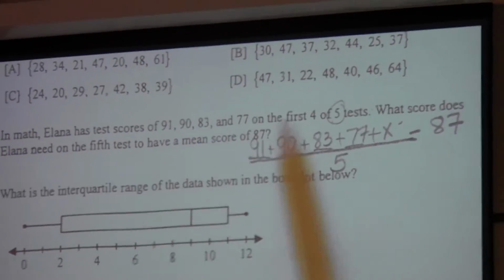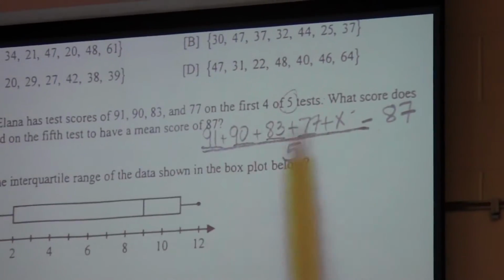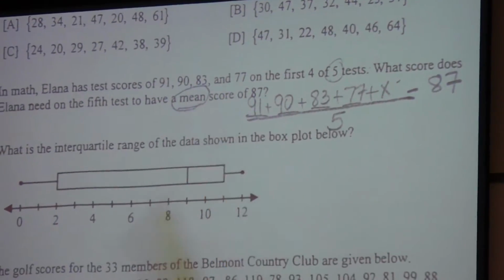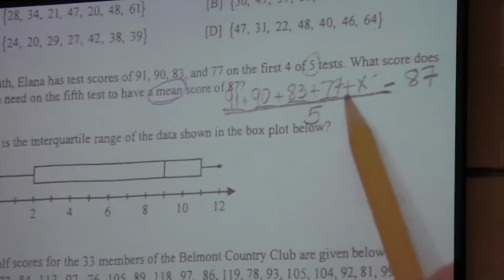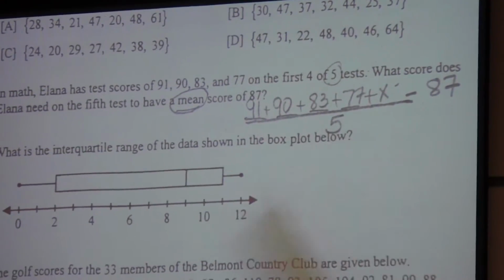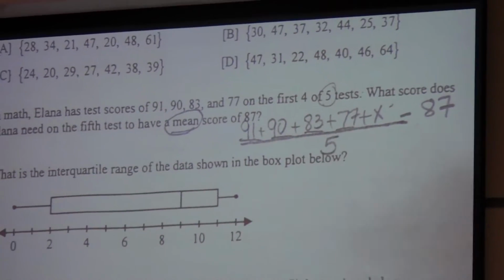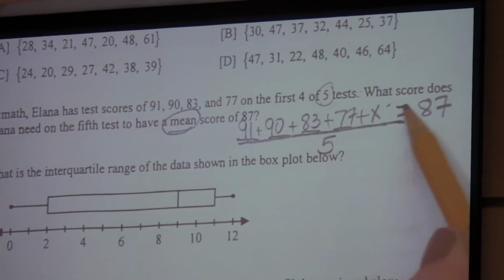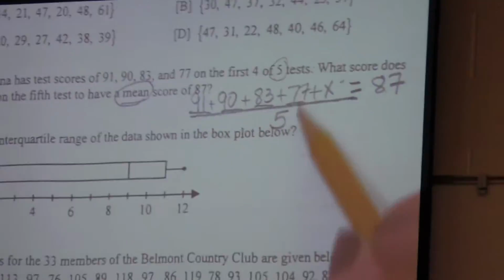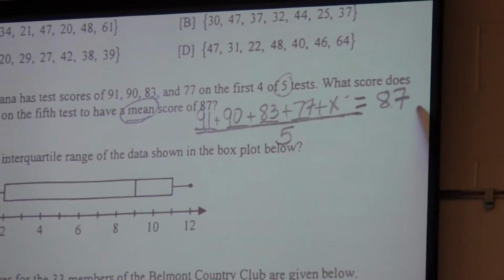So the first thing I have to remember is that the mean is what I get when I add up all of my test scores and divide by the number of tests I have. Then I have to remember that I want that number divided by 5 to equal whatever they tell me my total is going to be.